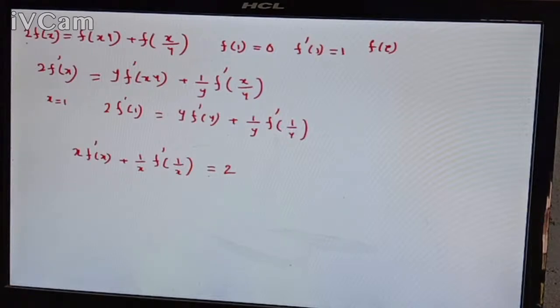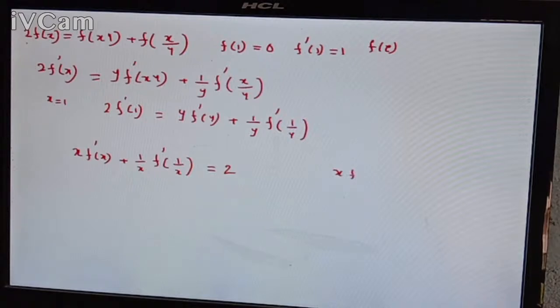Now question is that if we want to solve this particular equation from that step, then what is the value of this?